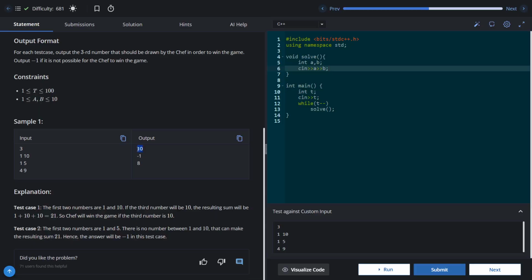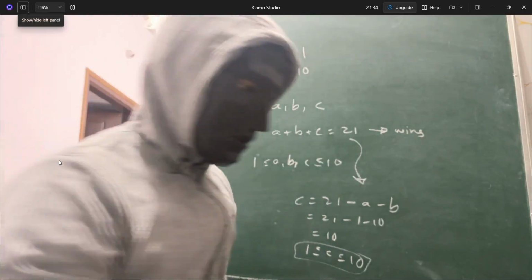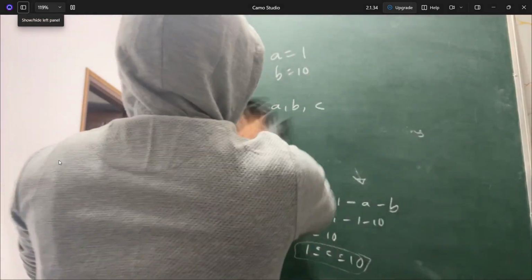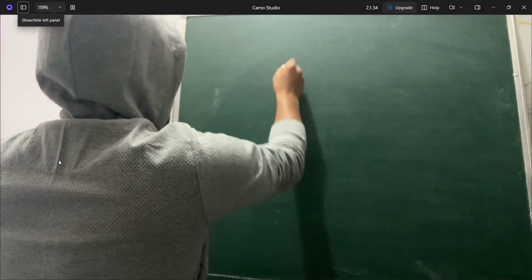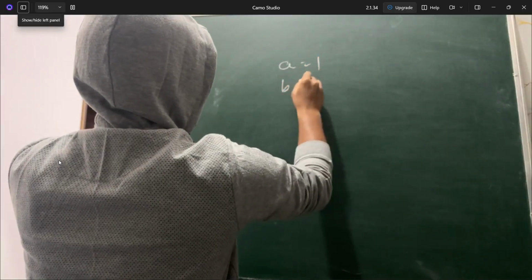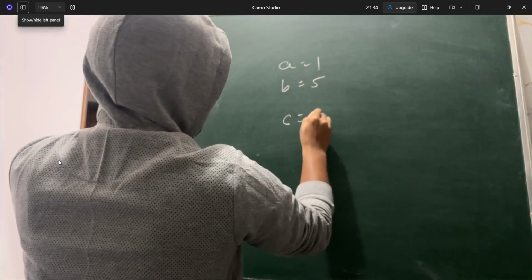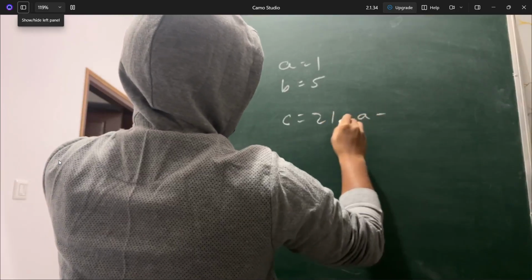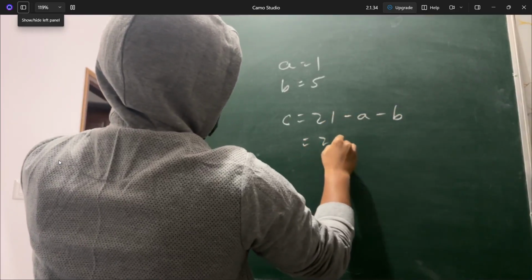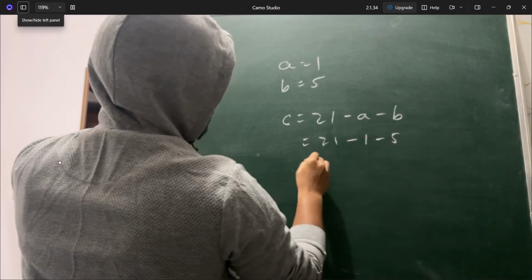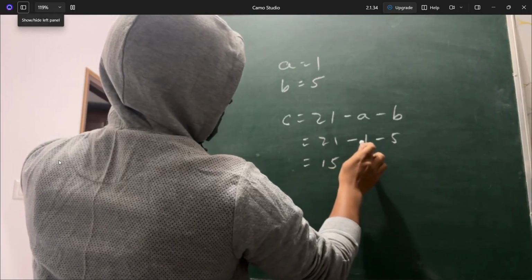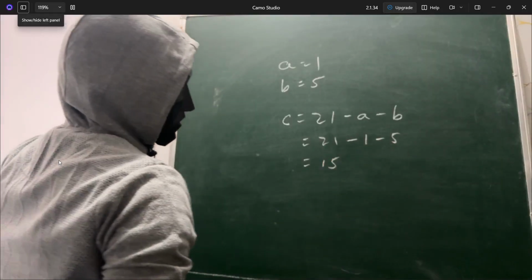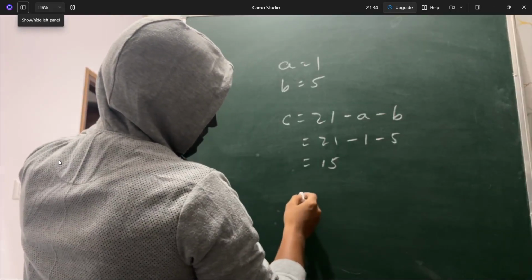Let's try to take this one, 1 5. So A is 1 and B is 5. Now you will have to find the C. The C equation is 21 minus A minus B. 21 minus 1 is 20, and 20 minus 5 is 15. So the C value doesn't lie in this range.